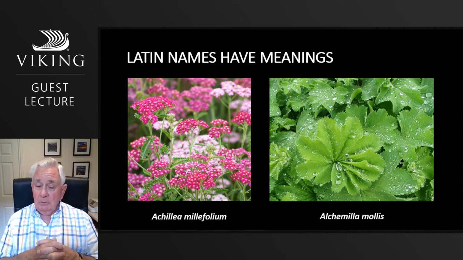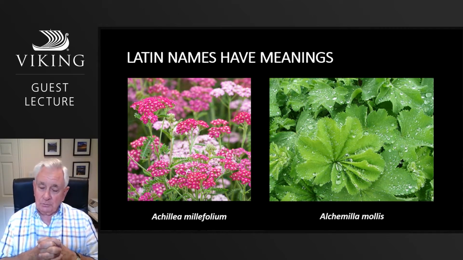Now, Alchemilla, the first part, gets its name from the old-fashioned alchemists who were always trying to turn lead into gold. And they had the idea that they needed the purest water possible. And they thought that the water that collects in these leaves, which is really just dew or rainfall, is the purest water you could find, hence the name Alchemilla, after alchemy.